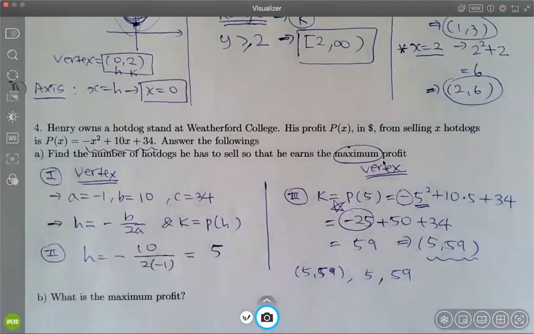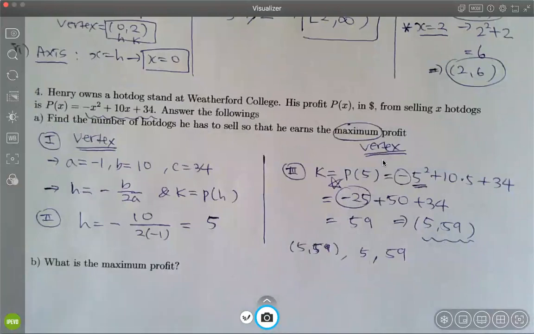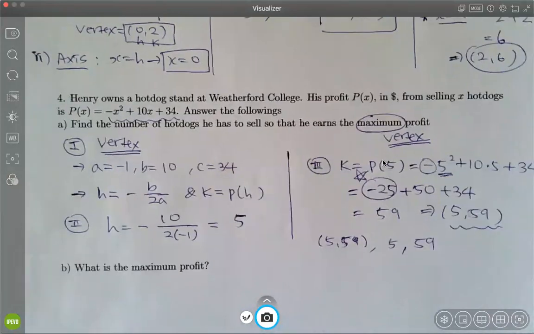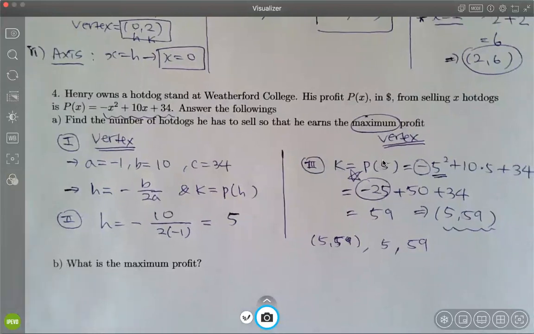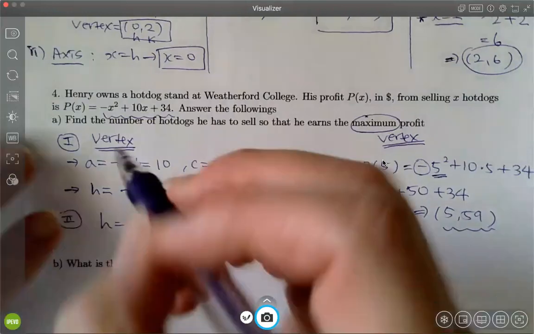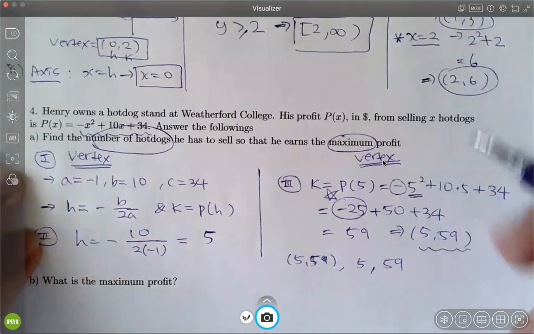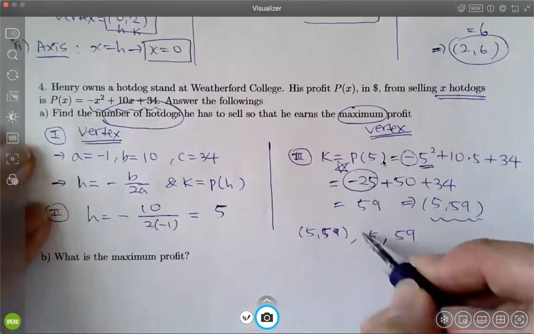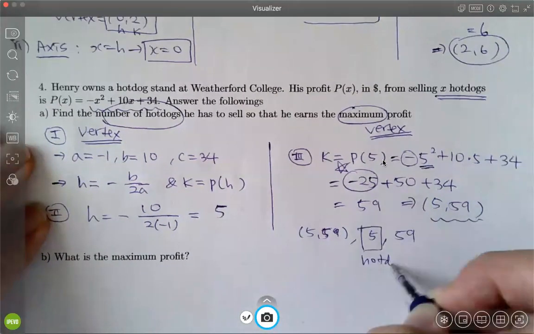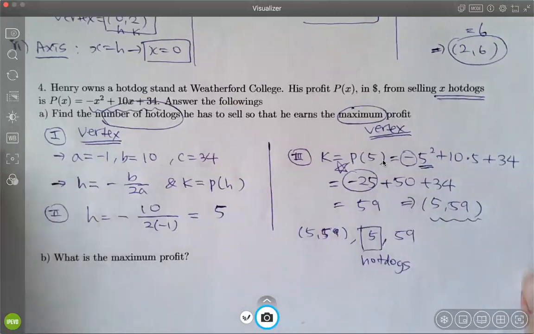Which one is the answer? 5. 5, yes. And what's the reason? Because it says the number of hot dogs. And which letter pertains to the number of hot dogs? x, yeah. So 5 hot dogs. So what does 59 represent then? The dollars. The dollars, yes.